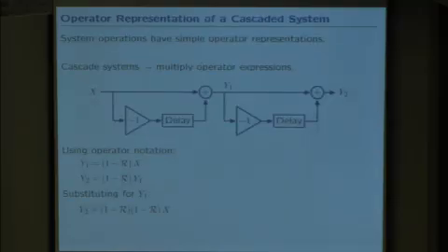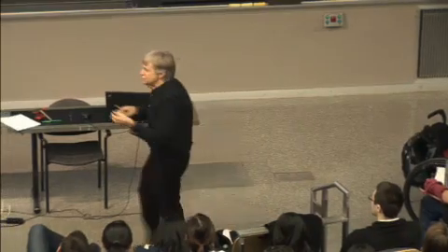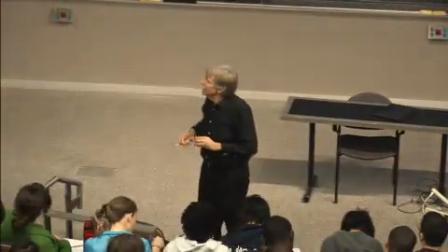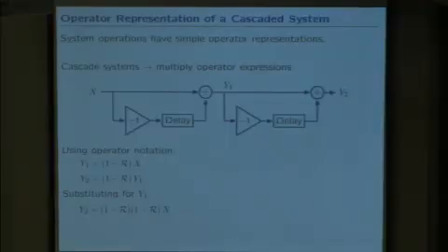So the idea then is that by changing our focus, by looking not at samples, but looking instead at signals, we can generate an algebra that looks for all the world like difference equations, except it knows the direction from the input to the output. So it's more powerful. And in fact, this new algebra is going to obey some very simple properties, which we can get a hint at here.